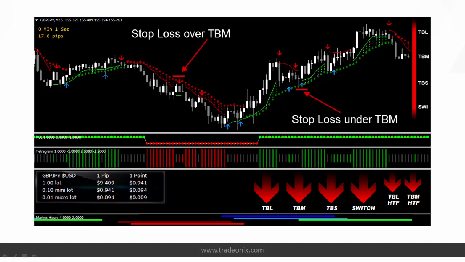We want to use a little bit of a gap, a little bit of distance. We want to have that wiggle room for the price. So if the price does touch the TBM or poke through it just a little bit, then we're not going to be stopped out. We want a little bit of space just above the TBM dot, or just below the TBM dot in a long trade.